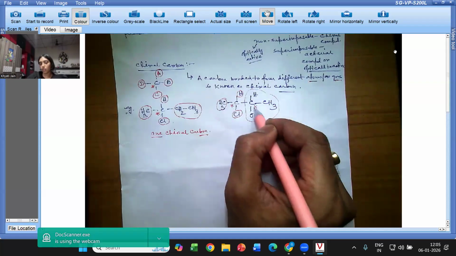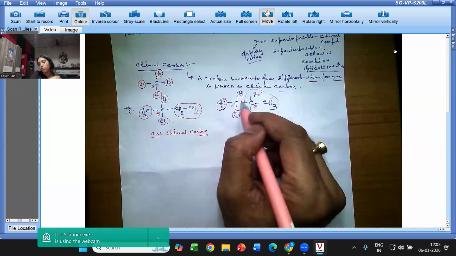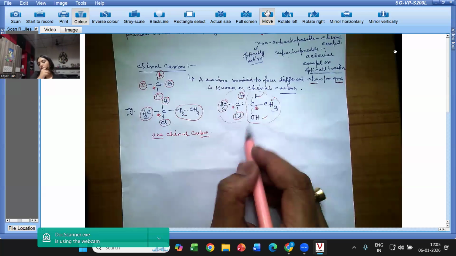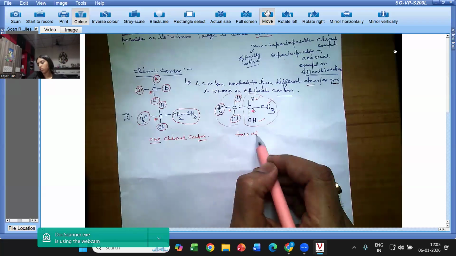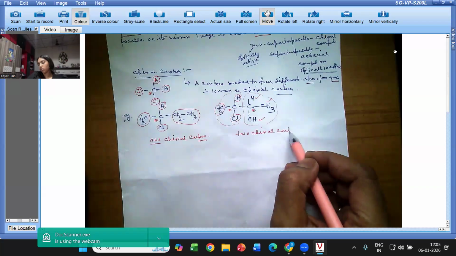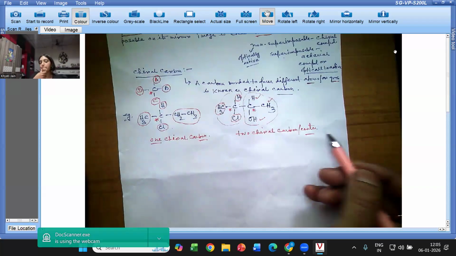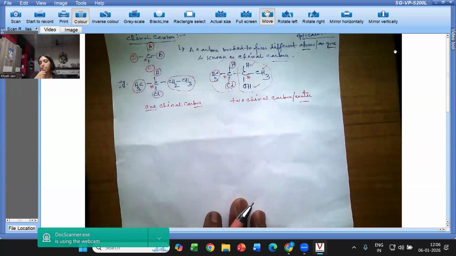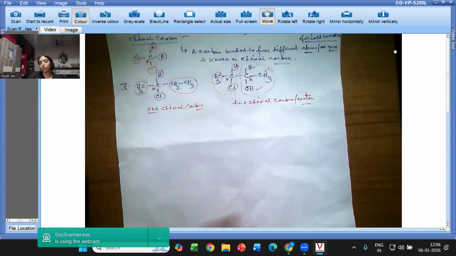Another also the same thing: one, two, three, and this group. So two chiral centers, right? Yes. Two chiral centers. Am I clear to you? Yes or no? Yeah, a question will come.